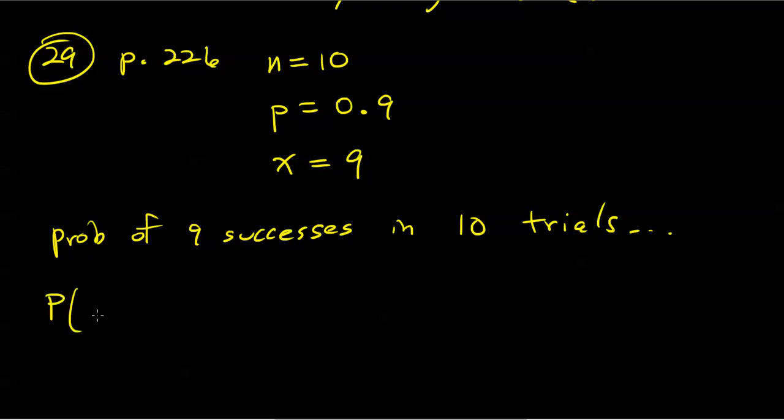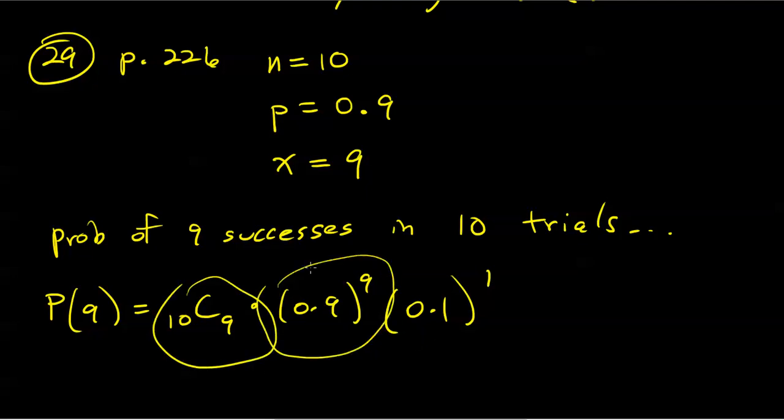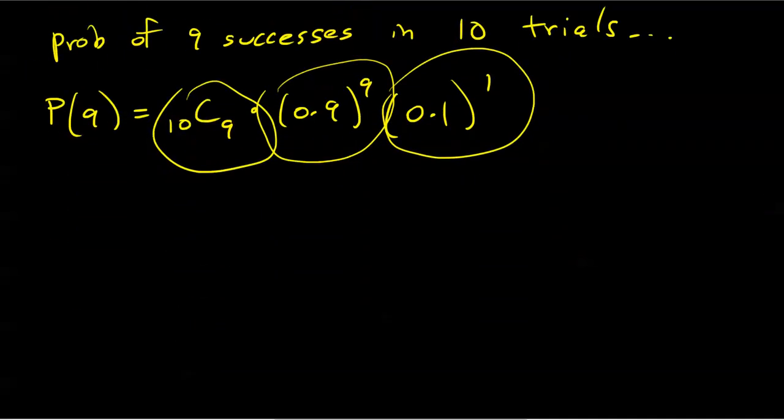If you want to grind it out by hand using the binomial probability formula, it would be 10 choose 9, times 0.9 to the 9th power times 0.1 to the 1st power. Of course, if you're like me, you'll probably want to use the Binomial PDF command on our calculator.